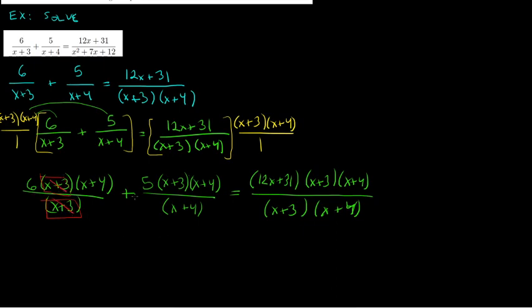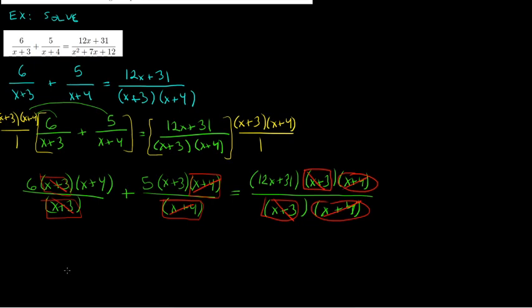In the middle term, we have an x plus 4 on the top and an x plus 4 on the bottom. Those cancel. And on the right, notice that they both cancel. The x plus 3 cancels with this x plus 3, and then this x plus 4 cancels with this x plus 4. And so that just leaves you with the 12x plus 31.